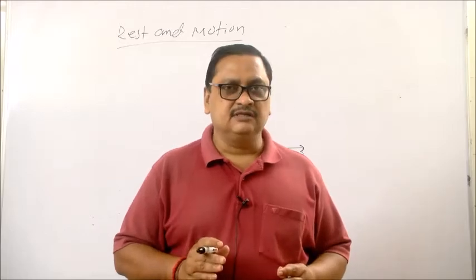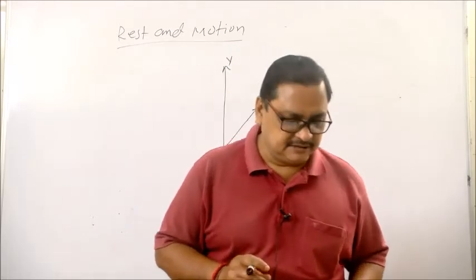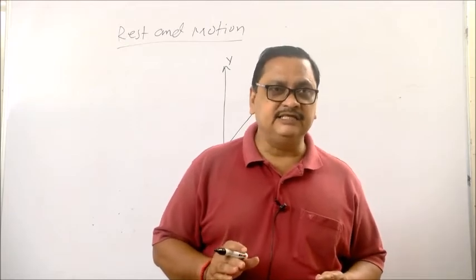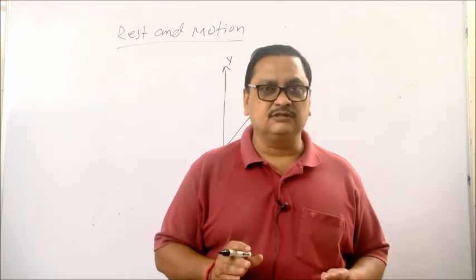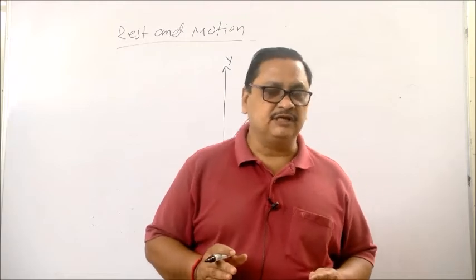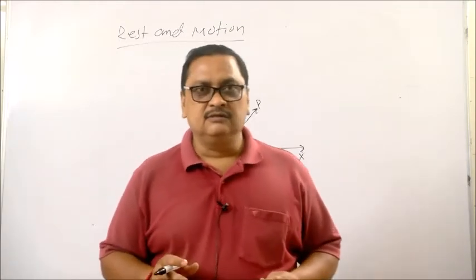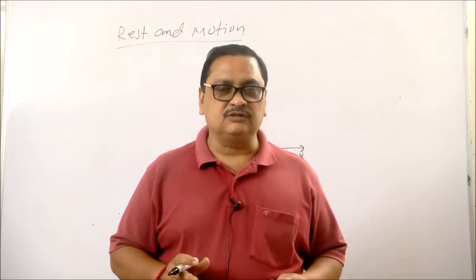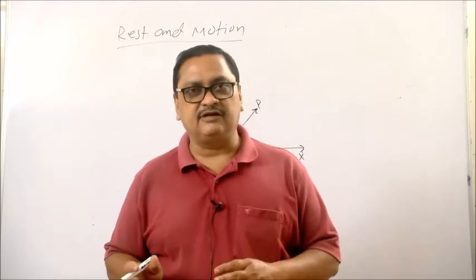Suppose 2 trains are at rest in the platform, and you are a passenger of one of those trains. Suppose one train starts moving. Immediately you cannot tell which train is in motion, your train or the other train.